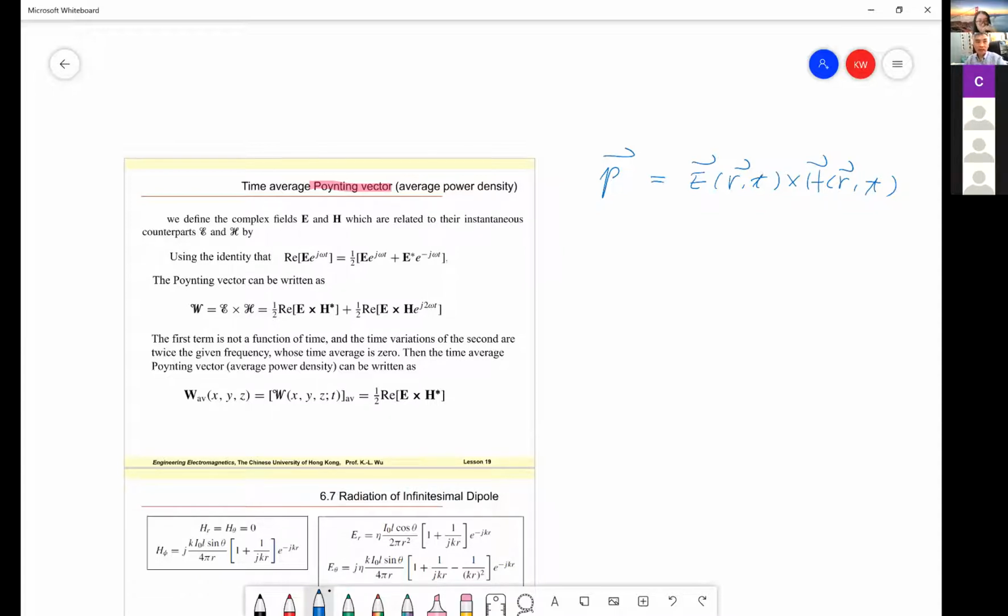But in electromagnetic analysis, we always prefer to use time harmonic fields. In a time harmonic field, we assume the change with time follows a constant frequency.